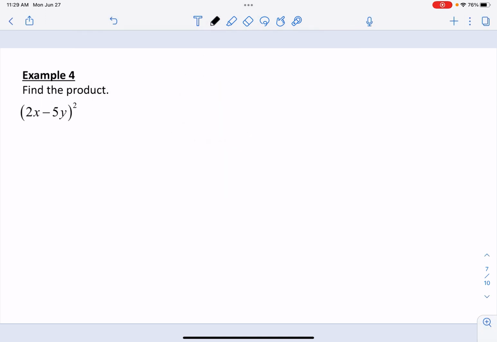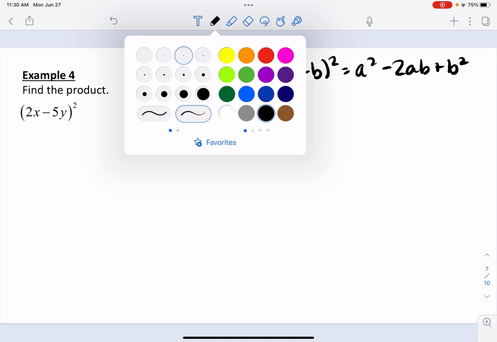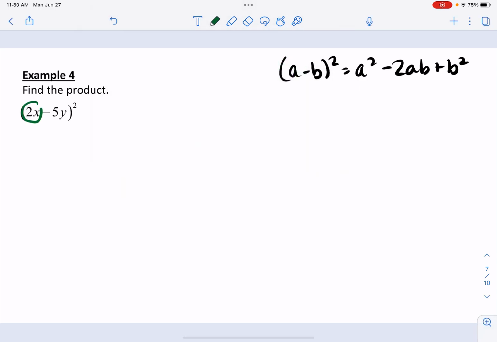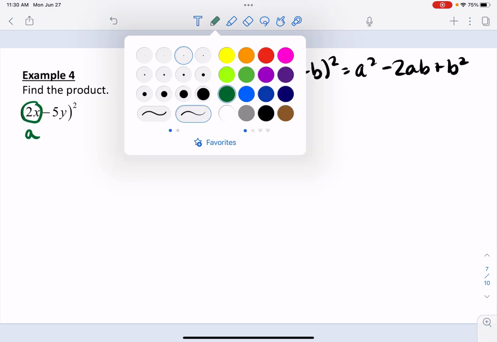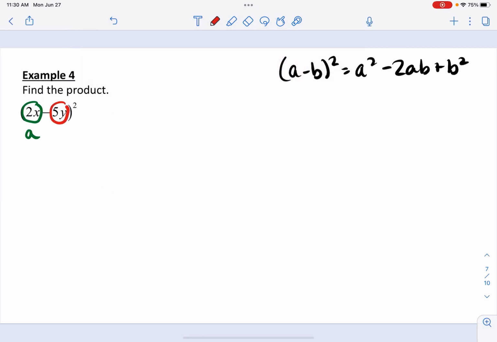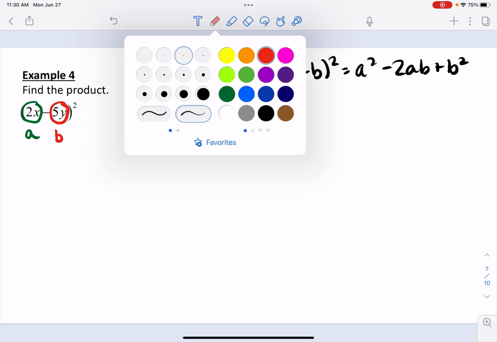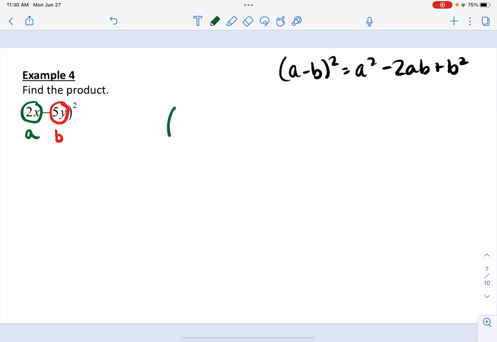Okay, so again, a minus b squared: a squared minus 2ab plus b squared. That's going to be my A. That's going to be my B. So I start with A squared, well, that's 2x.